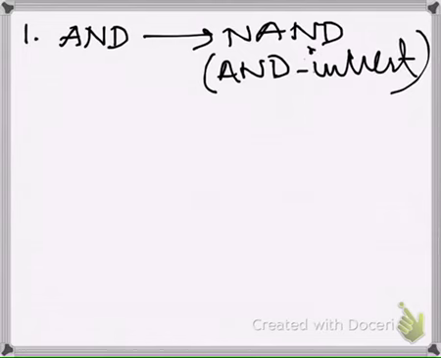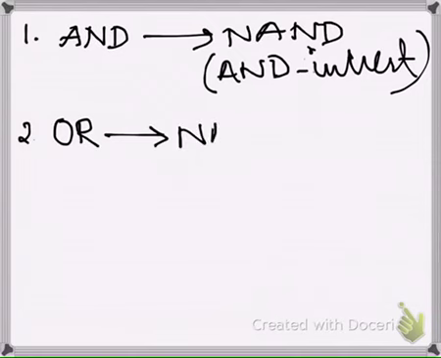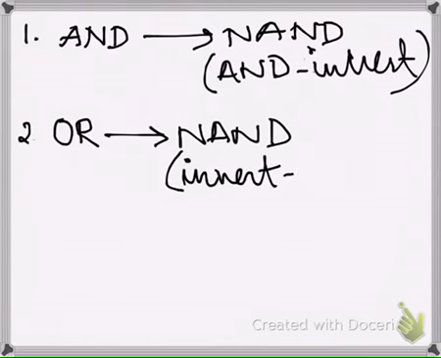Then step number 2, we will convert all the OR gates into NAND gates. But here the NAND gate symbol that we'll use will be the invert OR.